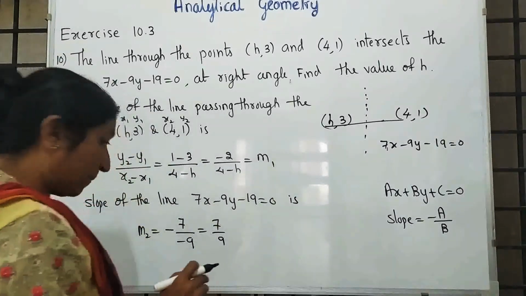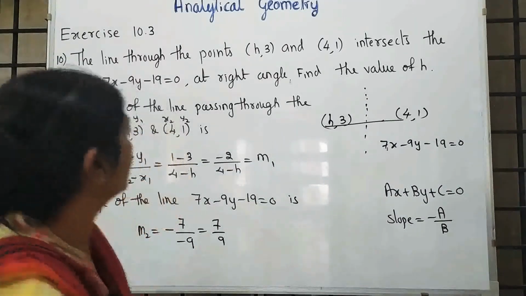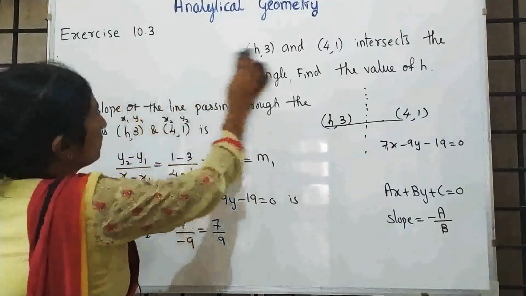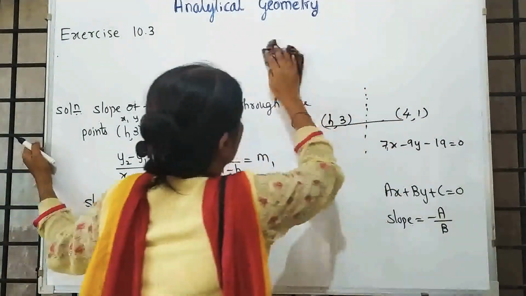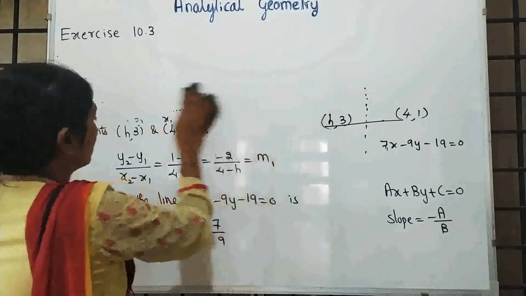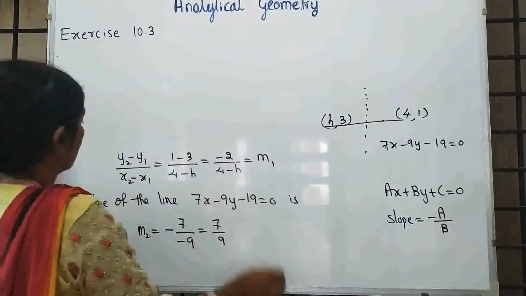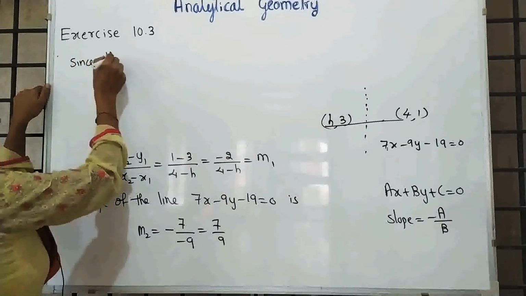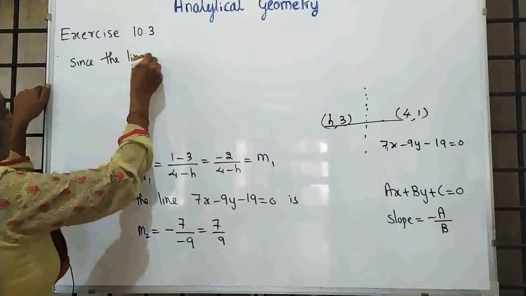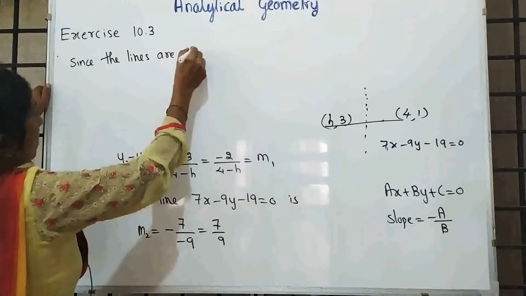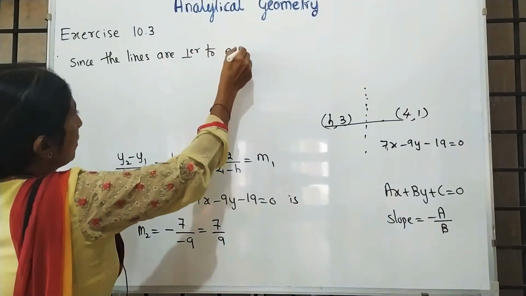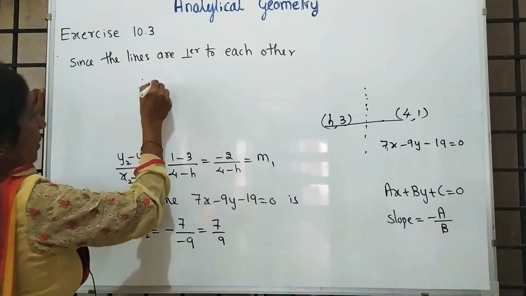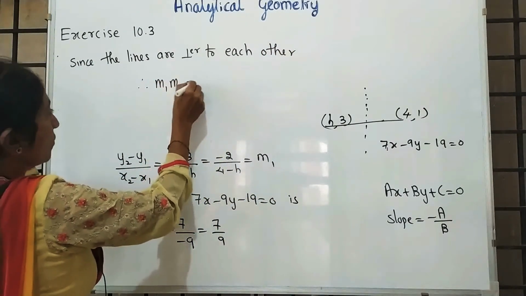Since the lines are perpendicular to each other, therefore m1 into m2 is equal to -1.